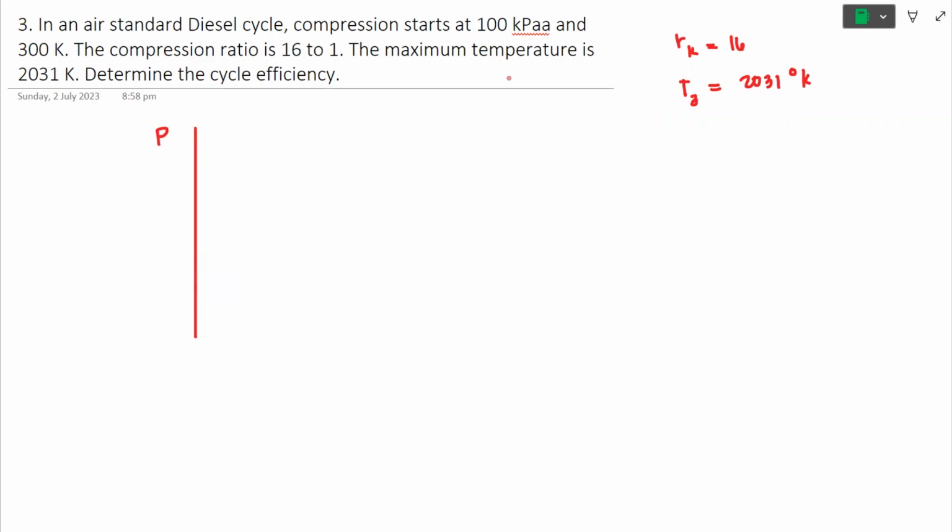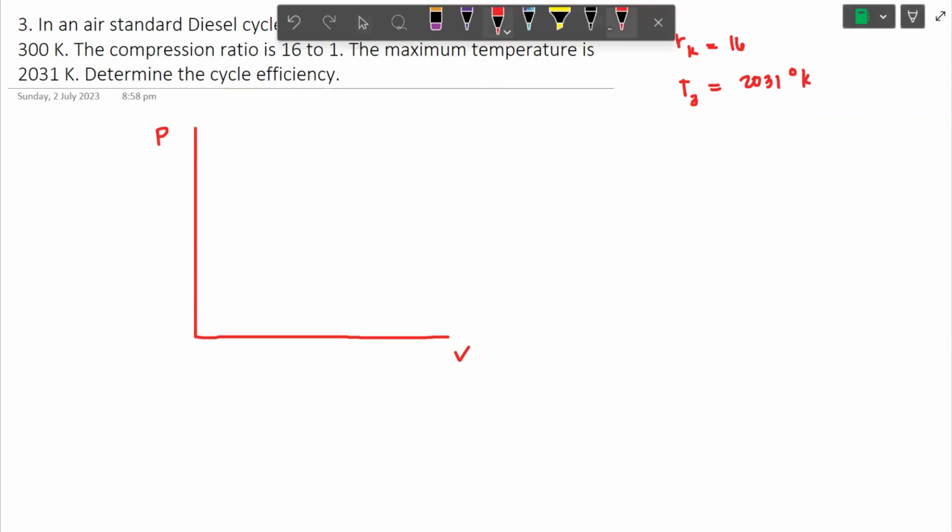Okay, ang point 1 mo is here. Diyan ang point 1. Yung point 2. Yung point 3. Then point 4. I-trace natin.